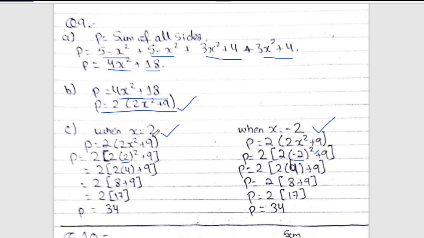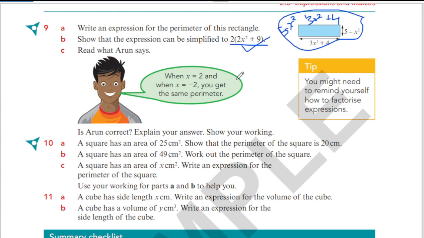So by putting x is equal to 2 and x is equal to minus 2, both the answers are the same. So we can say that Arun is saying correct, that whenever he puts x equal to 2 or x equal to minus 2, the perimeters are the same. So now move to question number 10.